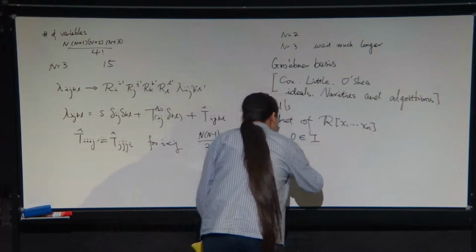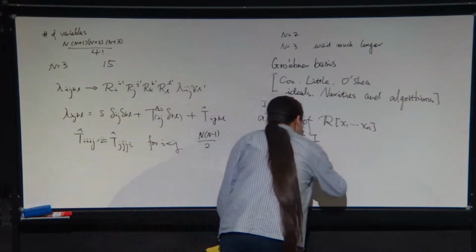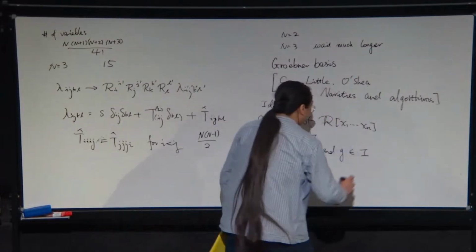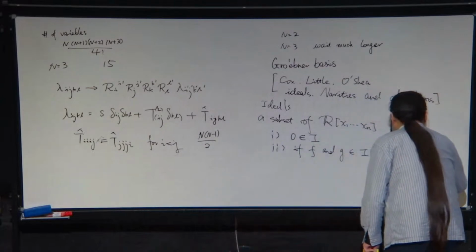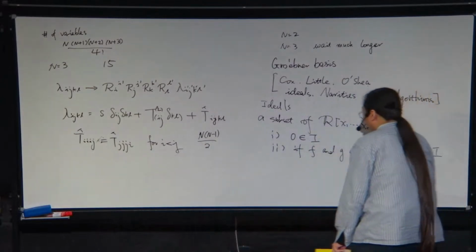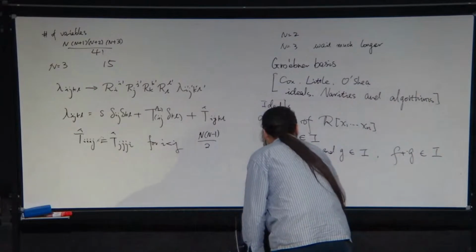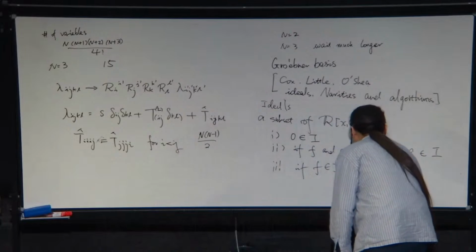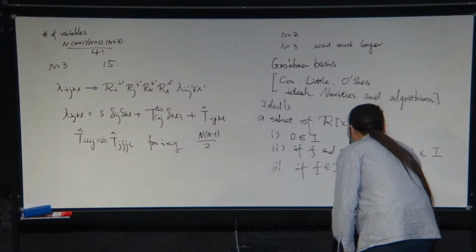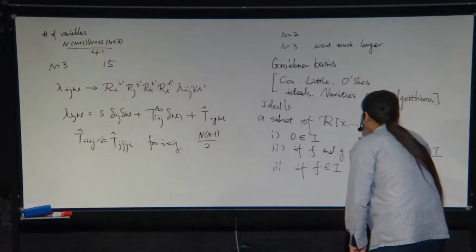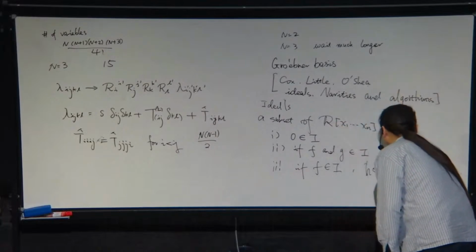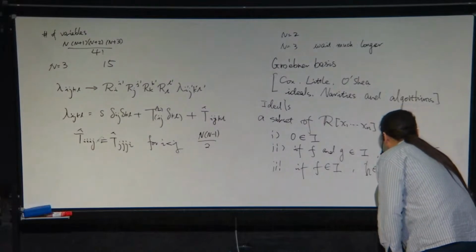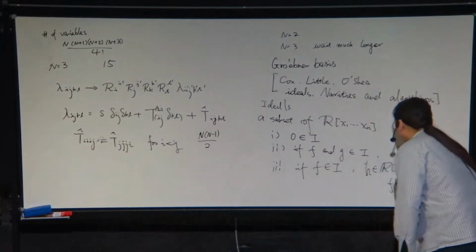Two is that if f and g belong to this ideal, then f plus g belongs to this ideal. The third one is that if f belongs to this ideal and h belongs to this polynomial ring R, any arbitrary polynomial, then f times h belongs to this ideal.